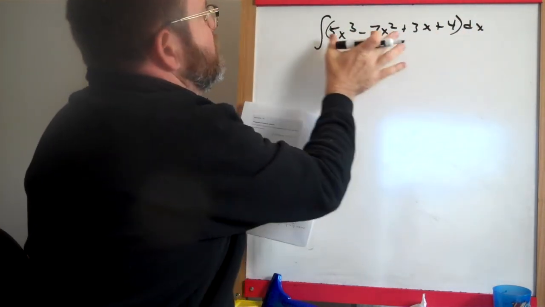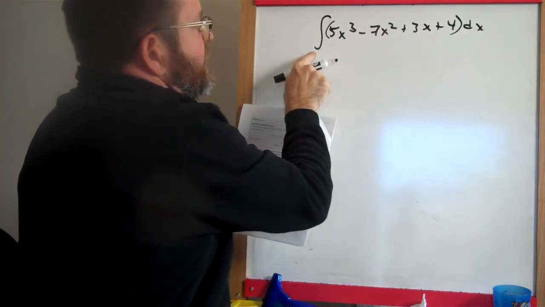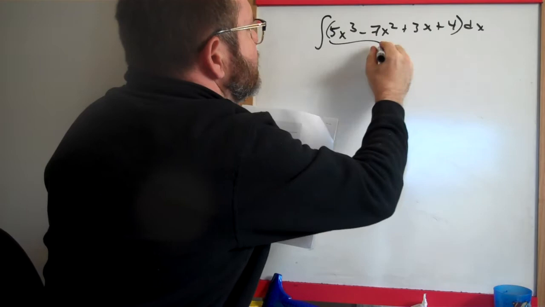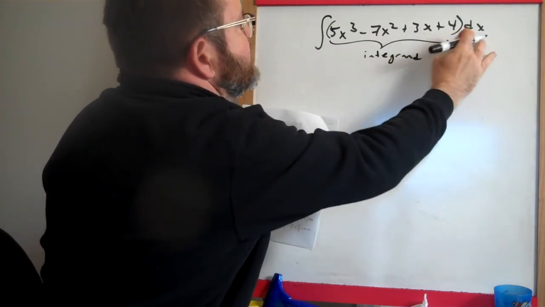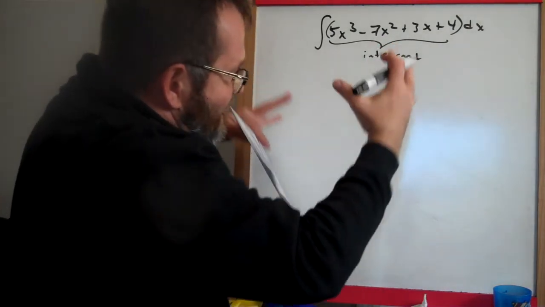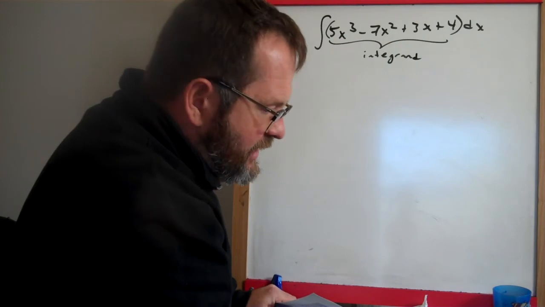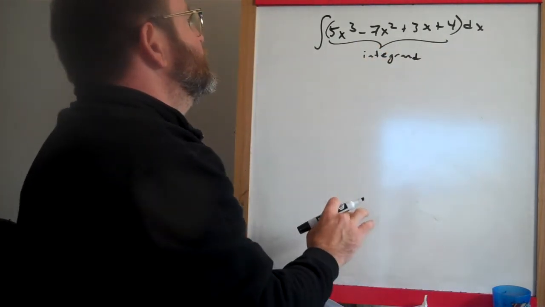I really like it when you put these in parentheses, just to make sure it's clear. Here's the beginning, here's the integrand, and here's the dx, that means we're done with it. That's the ending and closing. They actually have meanings, we'll get there, but for right now I think it's helpful to write it out like that.